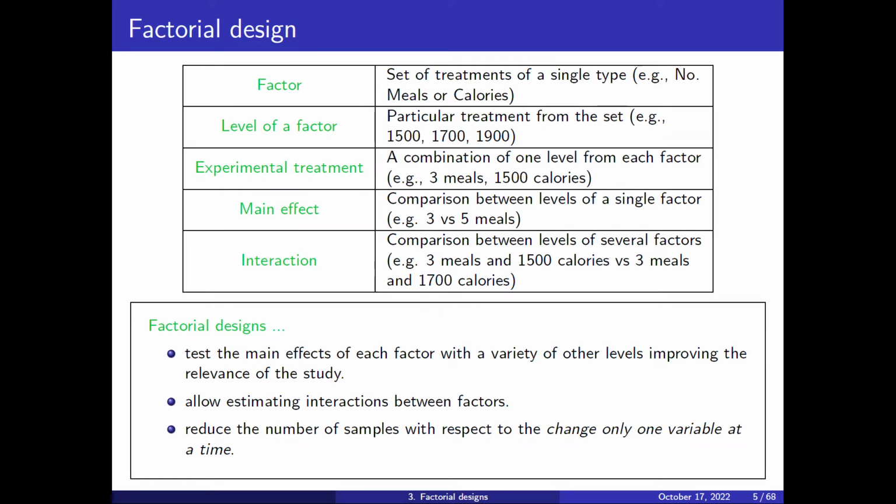It also allows estimating interaction between factors, which the one-way ANOVA doesn't allow, and it reduces the number of samples with respect to changing only one variable at a time. We saw this with the experiment of frogs and toads, dry or wet, and giving a hormone or not.